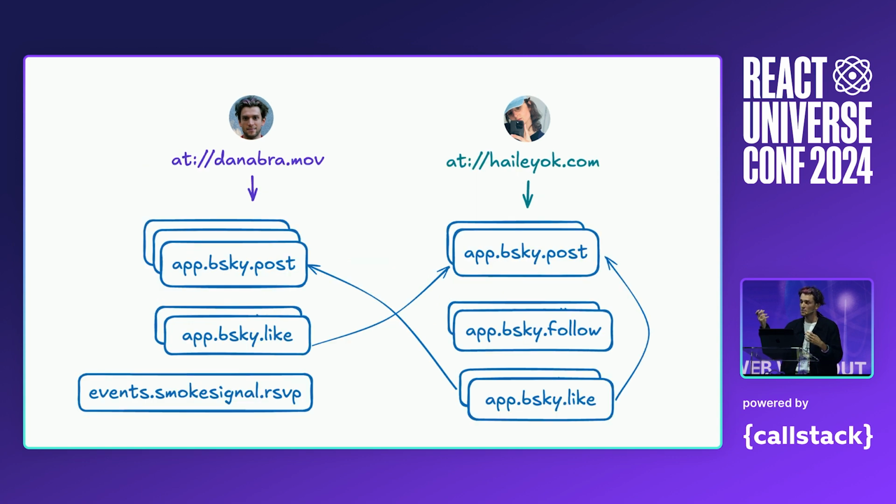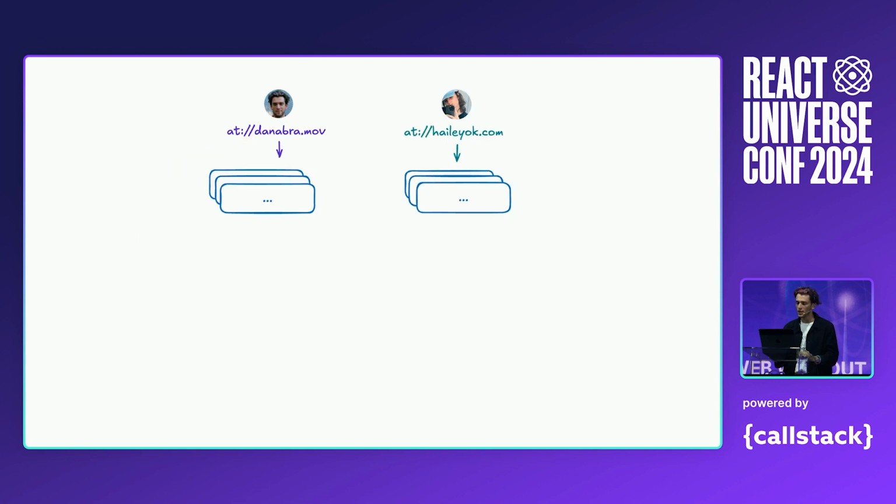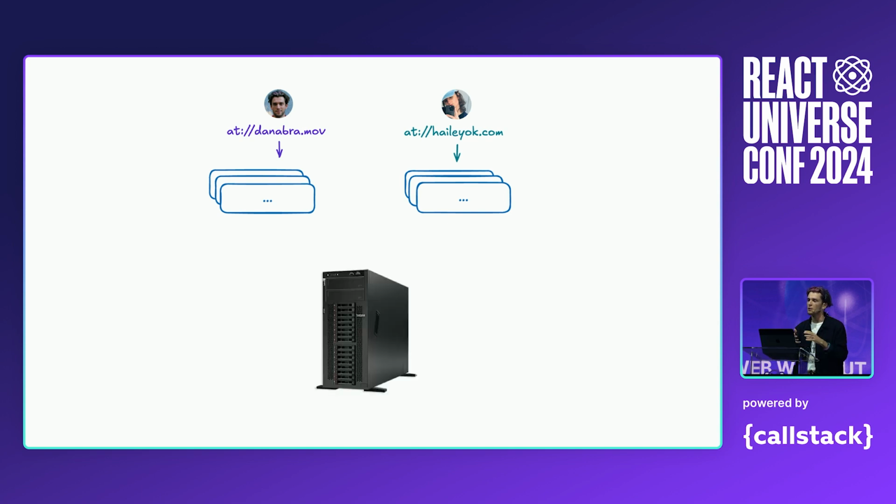And of course, things can be removed. We don't want social media to be immutable. We want it to be mutable. So links can go dead as well, and that is something the application has to deal with. And so we have this interesting approach where the data is stored in these repositories that are hosted somewhere, but then we want to get them into our backend, right?